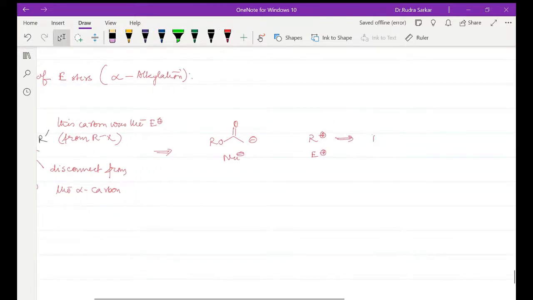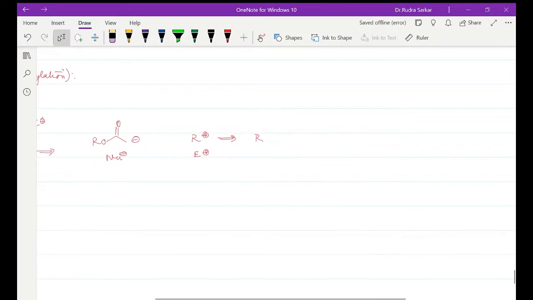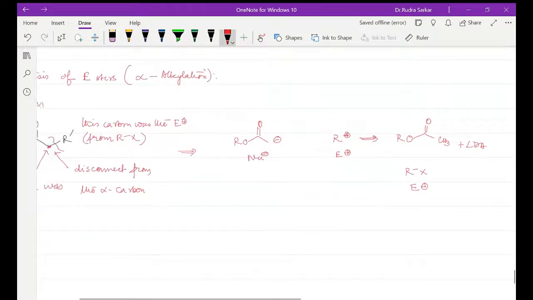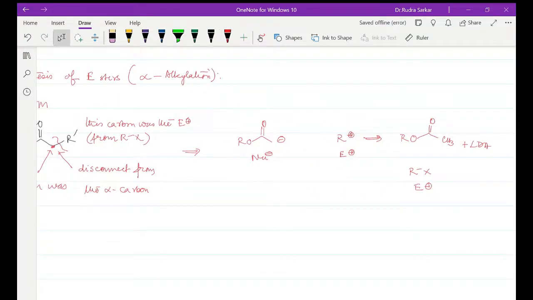Synthetic equivalents, when we are thinking about that, will be this ester out here plus the LDA, and the other one has to be the alkyl halide, which is having the electrophilic alkyl group. So that is one method.